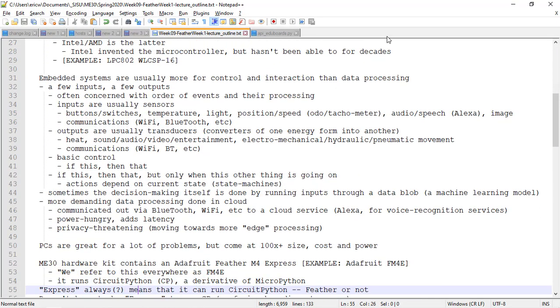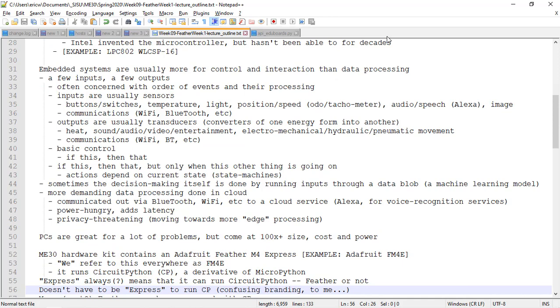I've already talked around this a little bit, but you've probably already gotten the sense that embedded systems and their programs are pretty much always about control and interaction rather than data processing. This isn't to say that they don't do any data processing. They might read a sensor 10 times a second and average the values, like a temperature sensor.